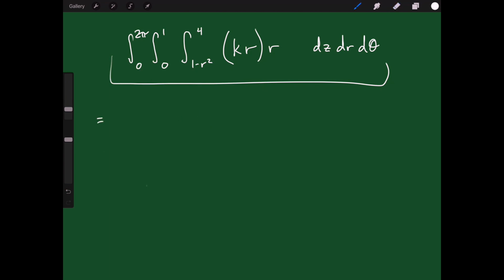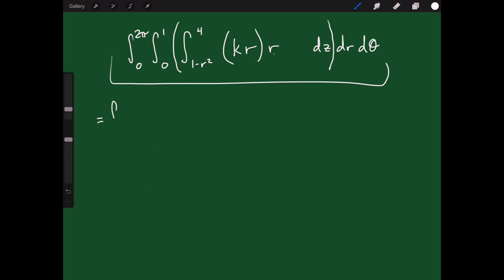All right, so first of all, I am going to just work on this inner integral. But notice this is saying integrate kr squared with respect to z. Well, kr squared with respect to z, that's just a constant.